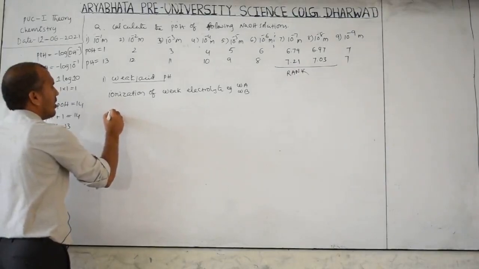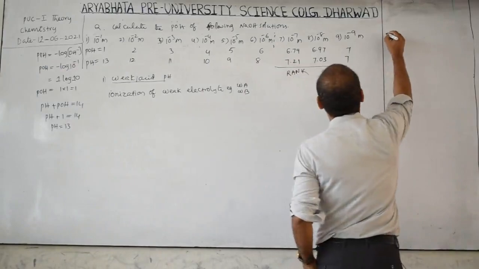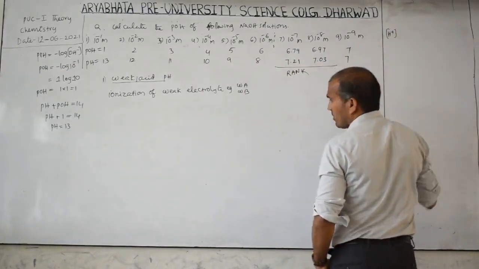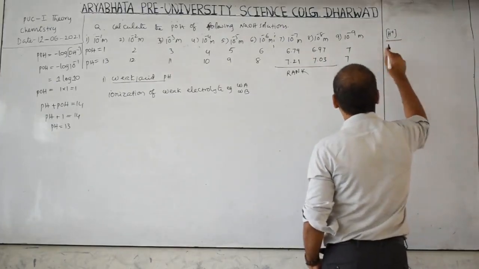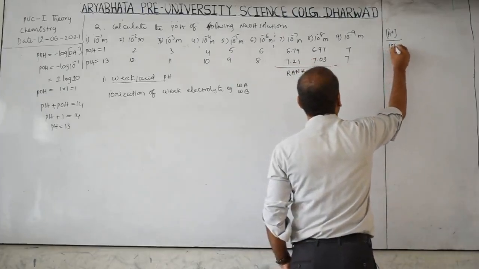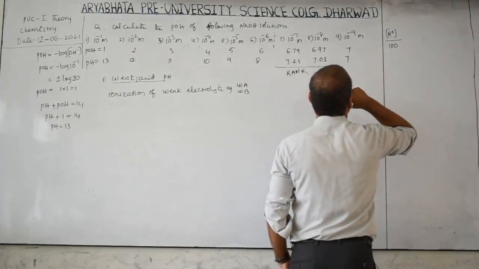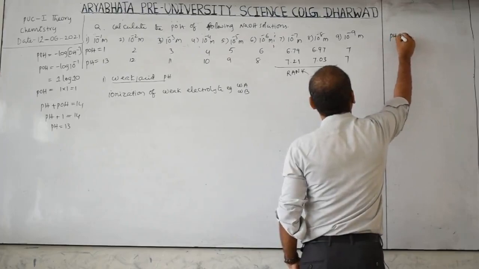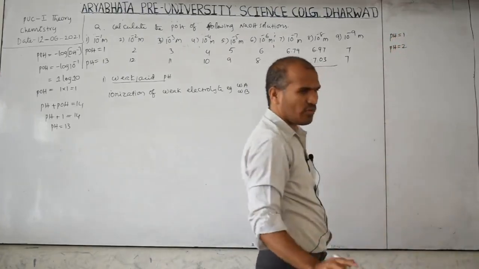Okay, and one more term before going to this one. Now consider the H plus ion concentration has some value. When pH is equal to 1, and pH is equal to 2, what is the difference? 1.